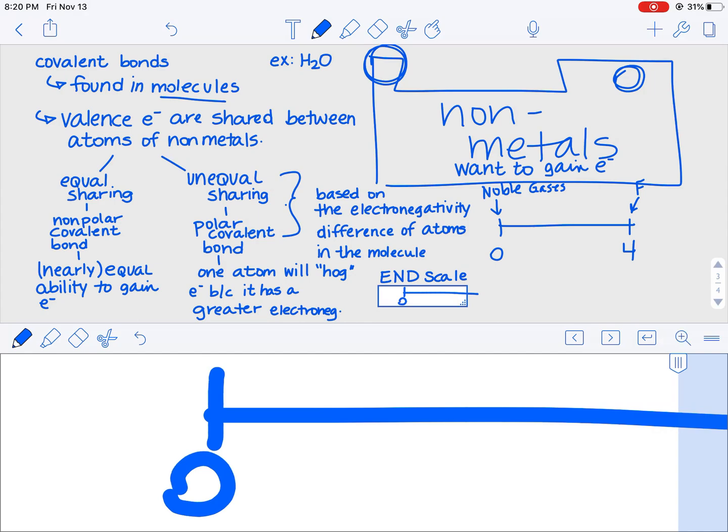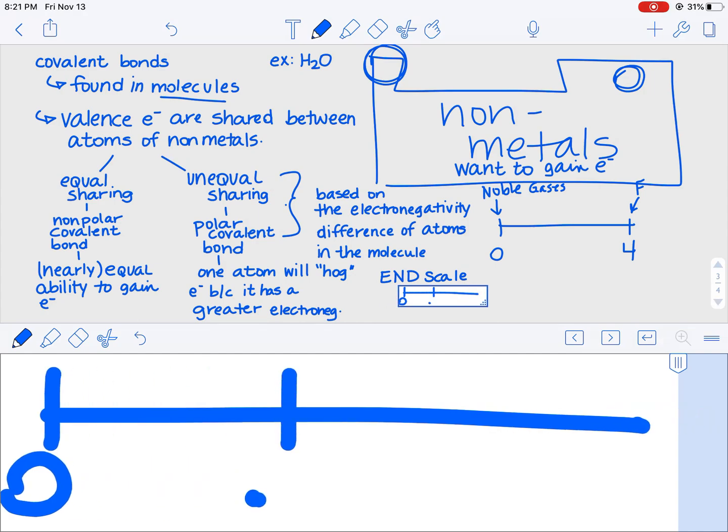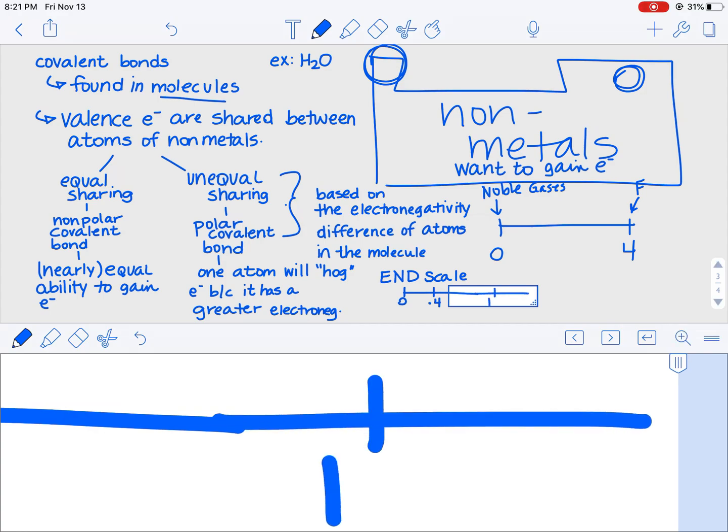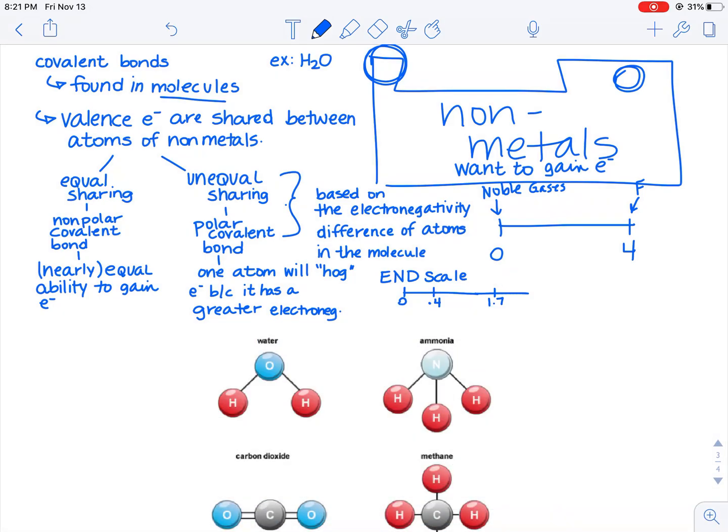Again, it'll go from 0 to 0.4, and then I'll even go so far as to say 1.7. And this 1.7 is not necessarily cut in stone. It ultimately has to depend upon whether you're dealing with metals or nonmetals.